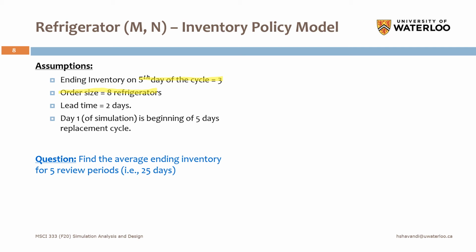So this means we have 8 refrigerators on the way as a pending order, okay? And we assume that the lead time for that order is 2 days, right? The order that we have placed at the end of the 5th day in the previous cycle, the lead time for that order is 2 days, okay?